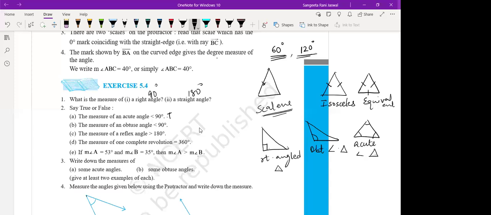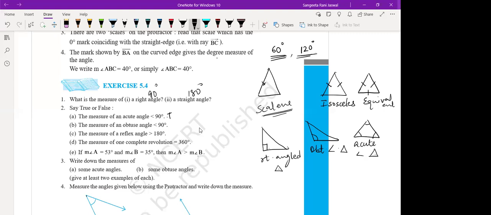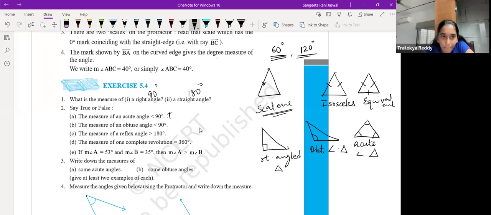Okay, Trilokya, the measure of a reflex angle is greater than 180 degrees. Yes, ma'am. Ma'am, it says lesser than 90 degrees. The measure of a reflex angle is greater than 180 degrees. Is it true or false? True, ma'am.